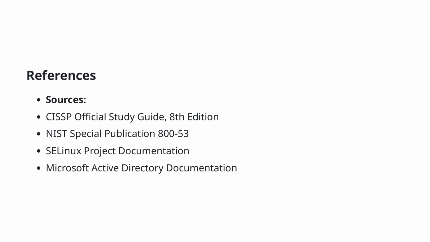We also have the SELinux project documentation. SELinux stands for Security-Enhanced Linux, and this documentation delves into implementing security policies within Linux environments. Lastly, the Microsoft Active Directory documentation remains an essential guide to understanding access control and directory services within a Microsoft ecosystem. These references will deepen your understanding and provide additional insights into effective access control methods.